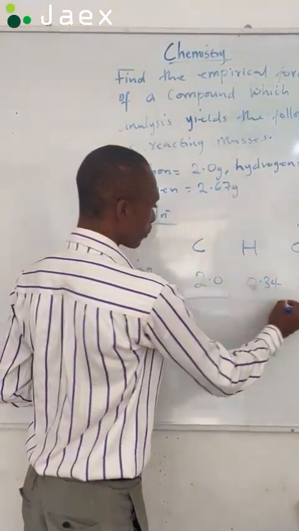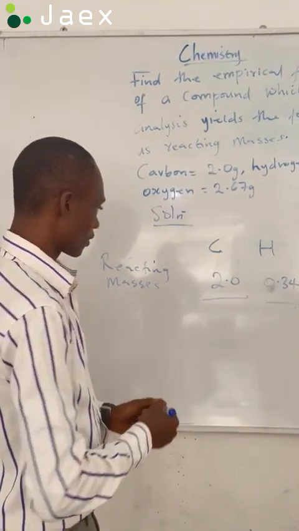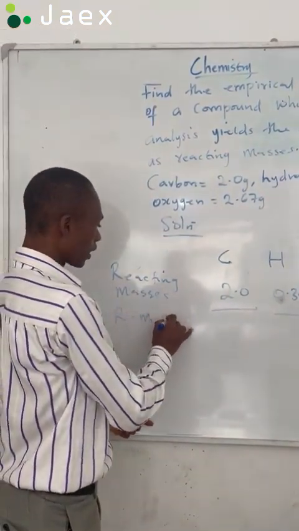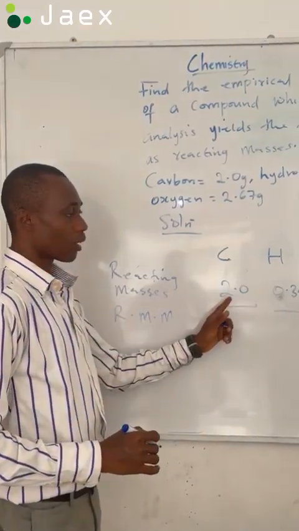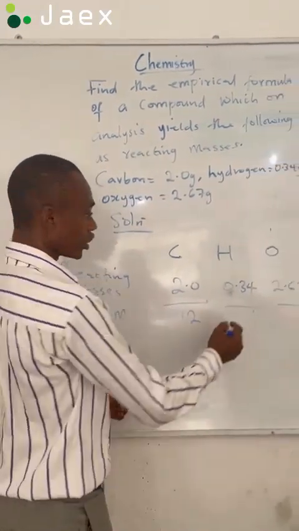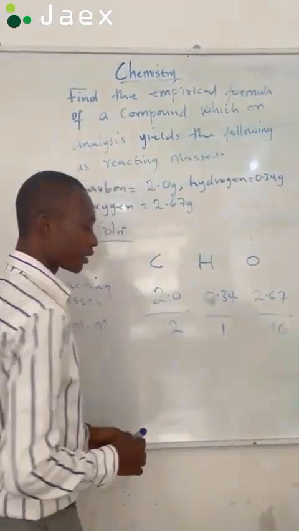Now the third step is to divide by their relative molecular mass. So we can come here and say the relative molecular mass. Now the relative molecular mass for carbon is 12, that of hydrogen is 1, and that of oxygen is 16.